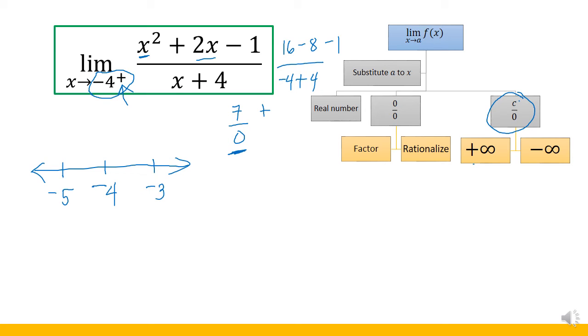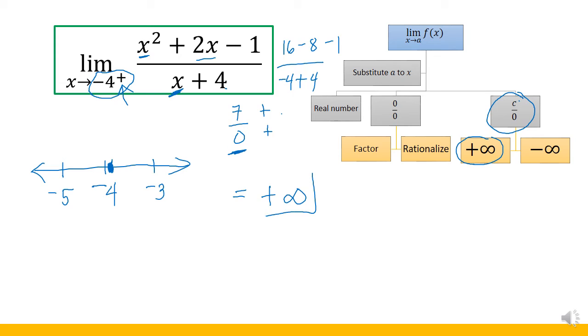Since we're coming from the right of negative 4, but very near to negative 4, we want numbers that are somewhere here. Those numbers are negative 3.99, negative 3.9999. If you consider negative 3.9 plus 4, the answer will be positive. So you have positive over positive, like signs, that means we have a positive infinity for this one.